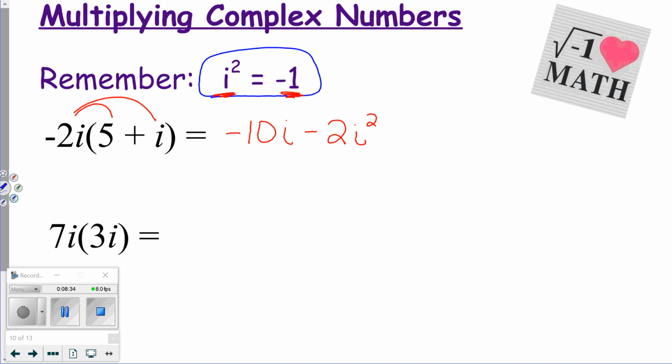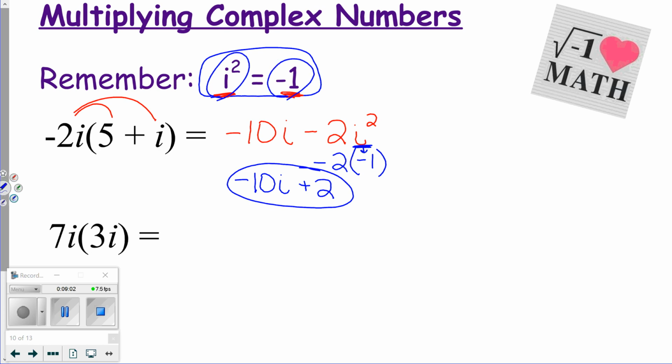So this is -2, and instead of i squared, it's being multiplied by -1. So -2 times -1 makes that a +2. So I have -10i plus 2. Notice the i disappeared because I replaced i squared with -1. Since they equal each other, I can literally put one in place of the other.